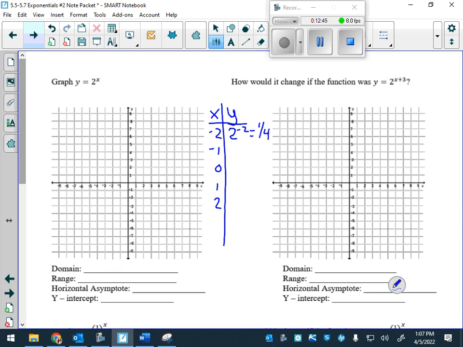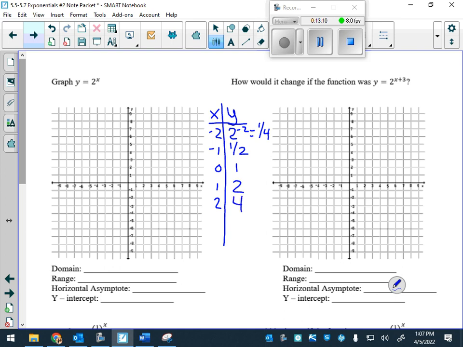Okay, how about 2 to the -1st? Assad? 1/2. 2 to the 0? Liam? Good. 2 to the 1st? Go ahead. 2 to the 1st is 2. 2 squared? 4.